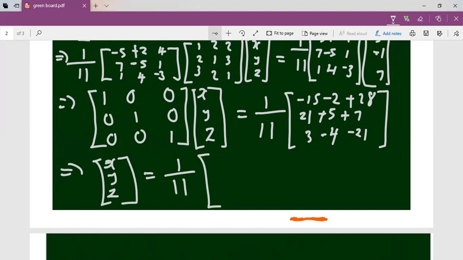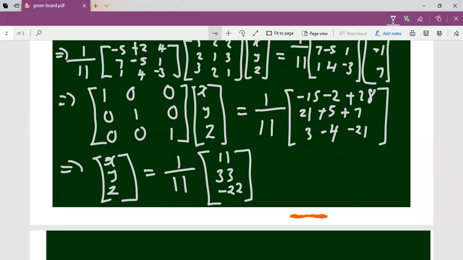So when you add -15 minus 2 plus 28, you get 11. 21 plus 5 plus 7, you get 33. Then 3 minus 4 minus 21, you get -22.